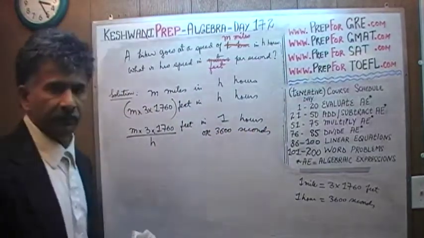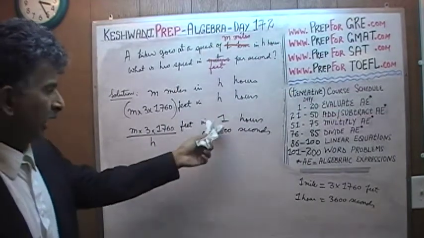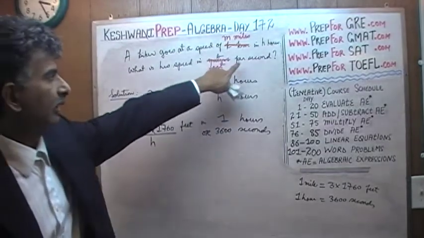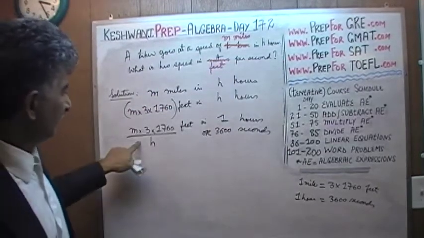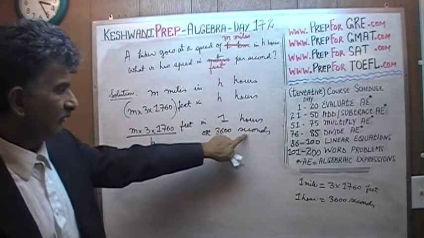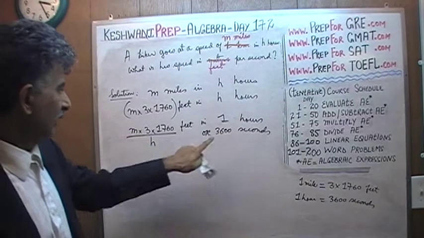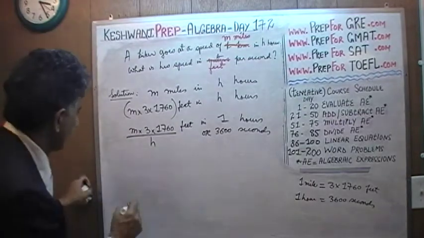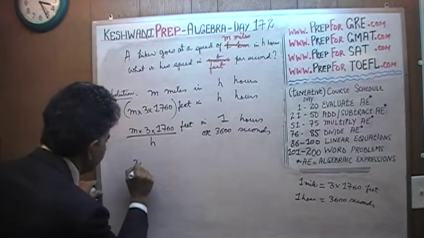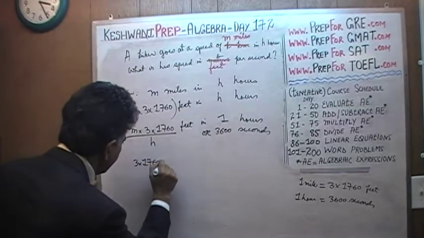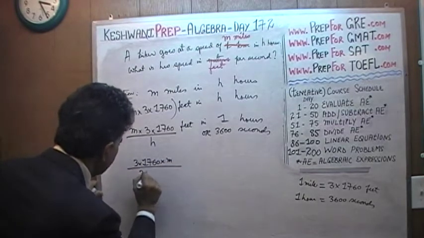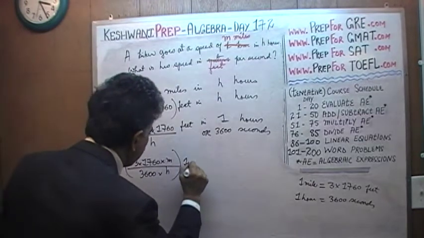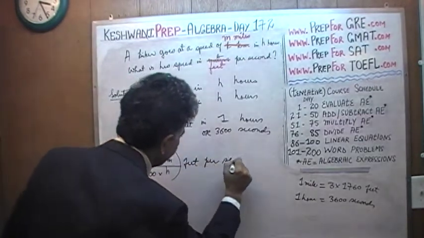But we're not interested in finding out how much we travel in 1 hour or 3,600 seconds. We want to find out how many feet we travel in 1 second. So if this is how many feet we travel in 3,600 seconds, then in 1 second we should travel this amount divided by 3,600. 3 times 1760 times m over 3600 times h feet per second.